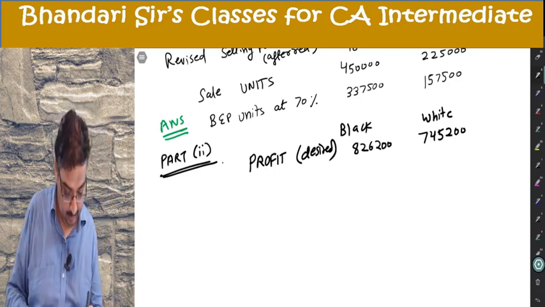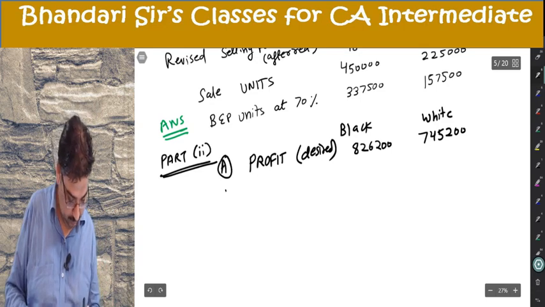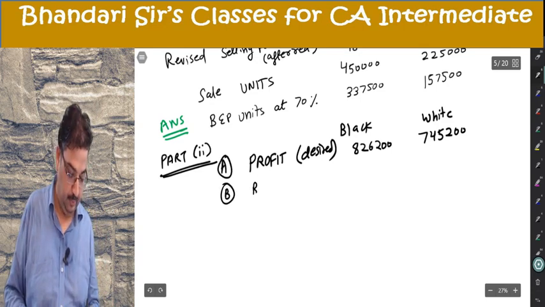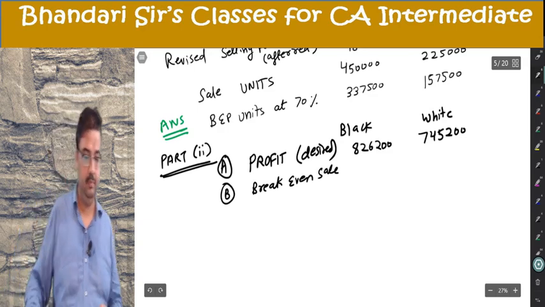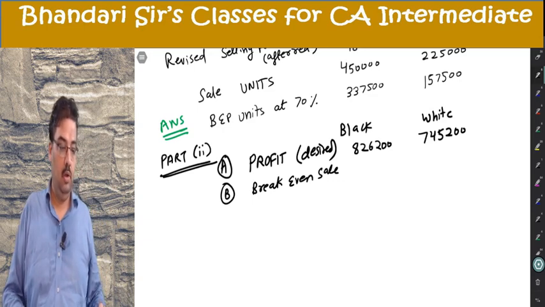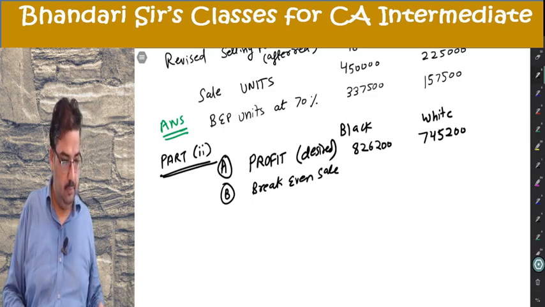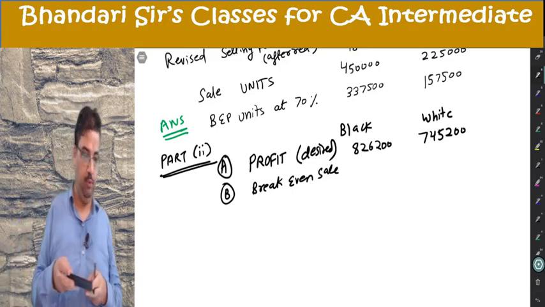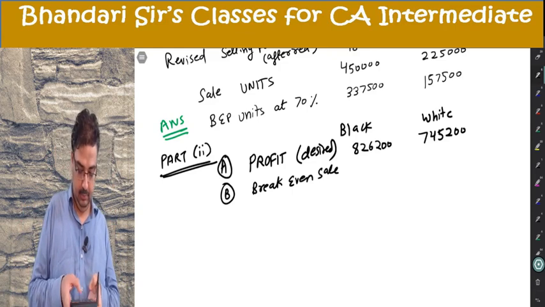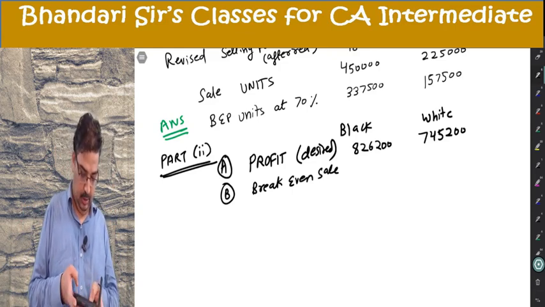I call it A. B point, break-even sale. I have computed that already. This was 4,50,000 into 70%.